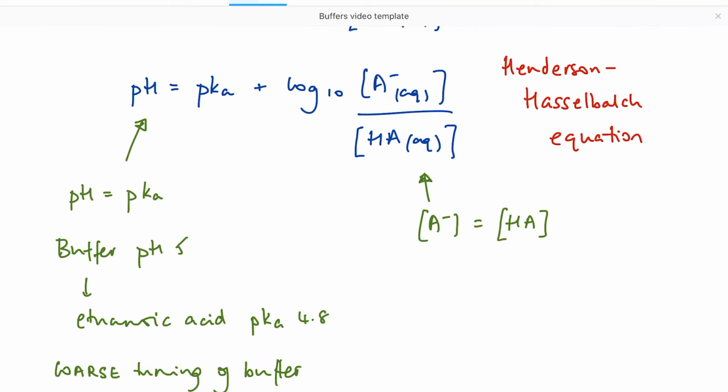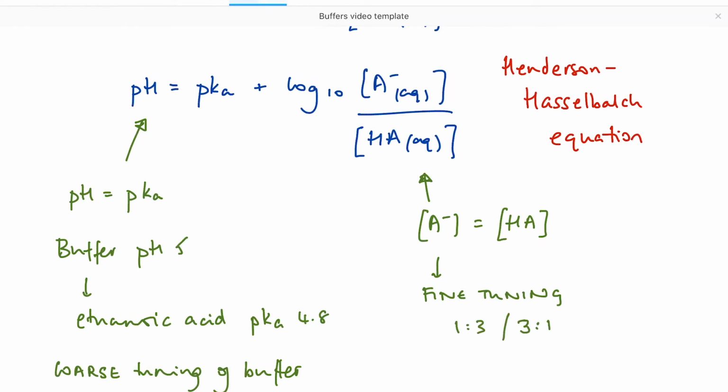So maybe working with 0.1 mol per decimeter cubed sodium ethanoate, 0.1 mol per decimeter cubed of ethanoic acid. This is often called the fine tuning of our buffer.